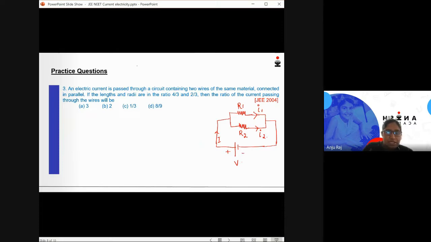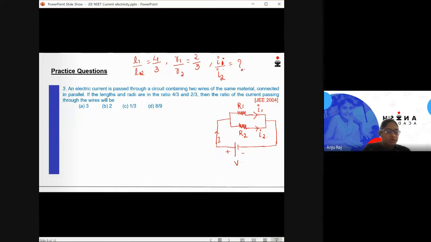That is basically length ratio, L1 by L2 is 4 by 3. And radius, let me imagine it is represented by small r. So small r1 by r2 is in the ratio 2 by 3. What is the ratio of the current passing through the wire? I1 by I2, that is the ratio that they are asking.